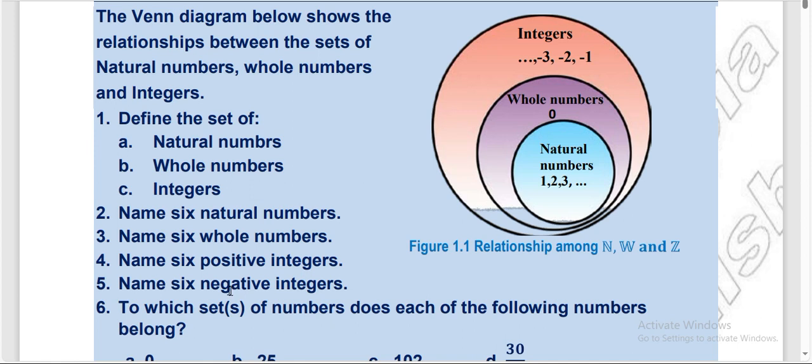You can then name 6 negative integers, which start from the negative section, the left side of zero on the number line.